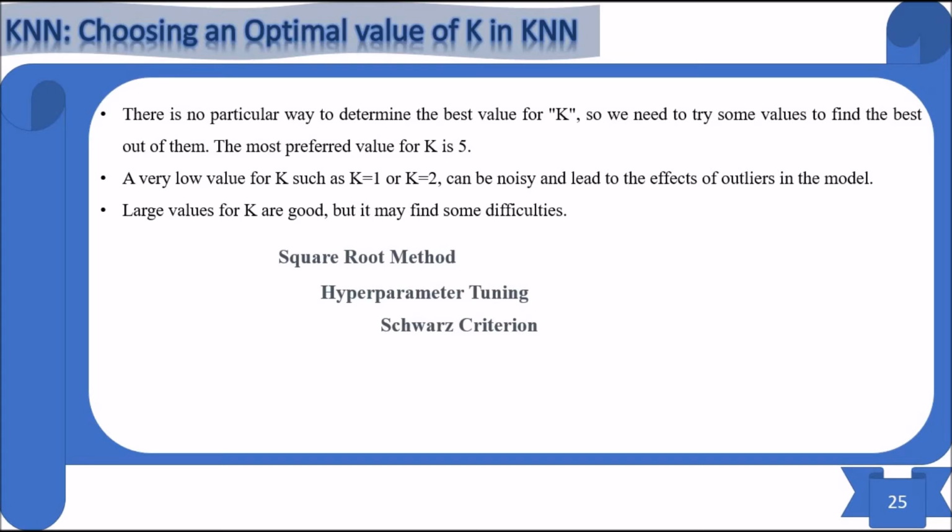Large values for k are good, but it may cause some difficulty. There are other methods, that is the square root method, hyperparameter tuning, and the elbow criteria, for choosing an optimal value of k in KNN.